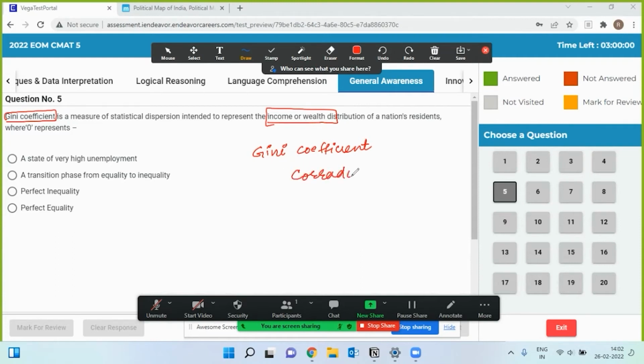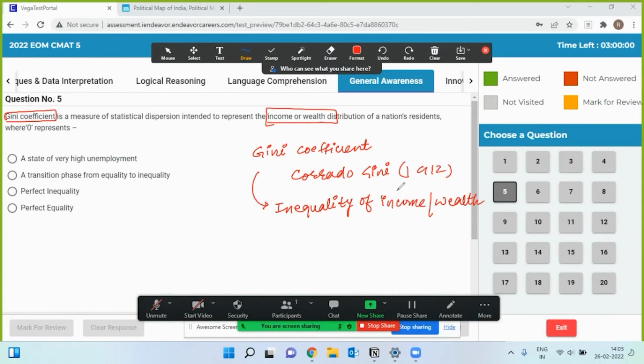Corrado Gini developed this index in 1912. And what this index does, it measures the inequality of income or wealth among the population in a country. So it measures income inequality or wealth inequality.